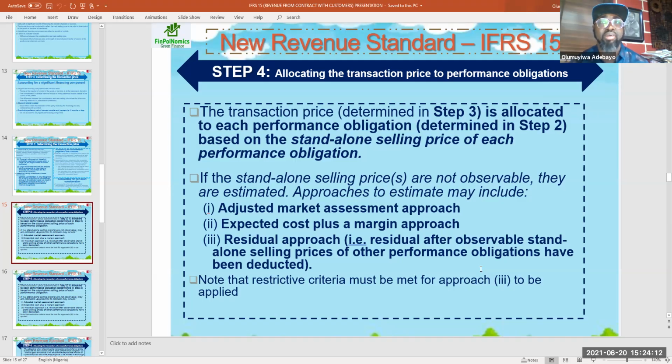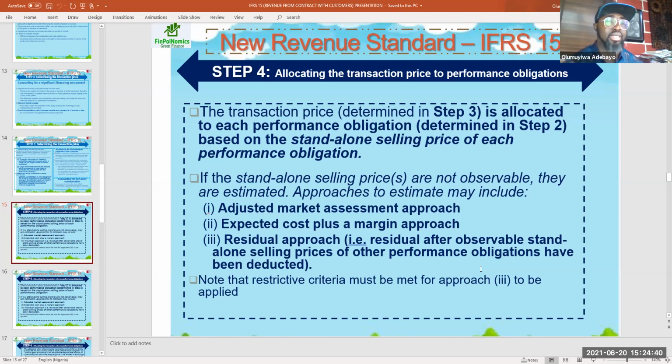But because you are performing 2 or more performance obligations at the same time, discount might have been involved, incentive might have been involved, and etc. Sometimes you might not be able to obtain standalone prices because the nature of the goods and services that you are providing is such that it might not be easy to identify them on a standalone basis.